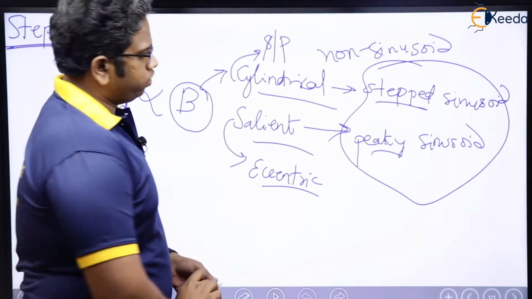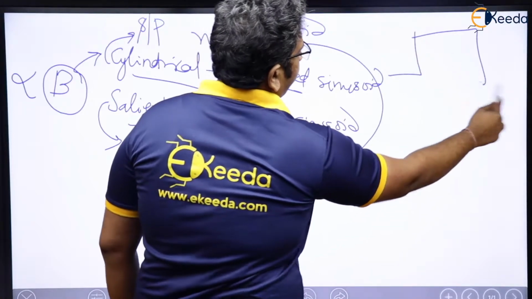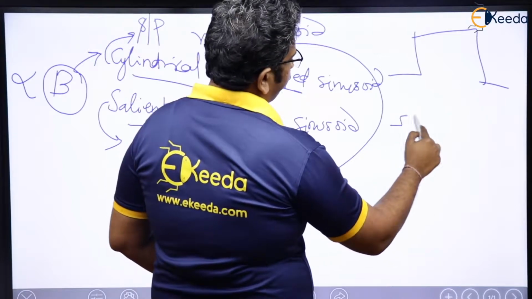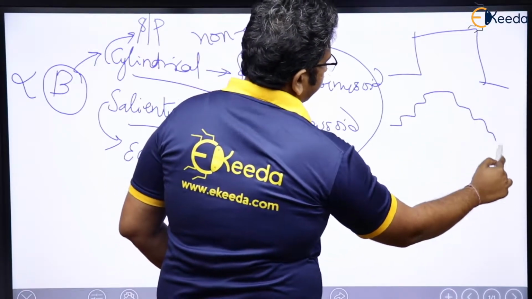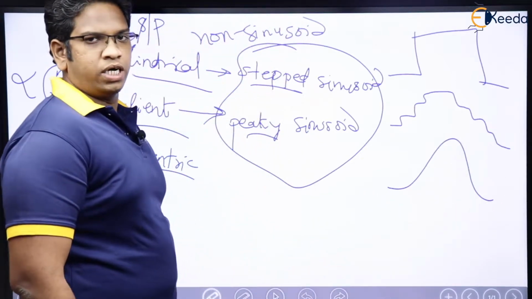Already we have seen that, because rather than having this flat topped flux distribution in space, it is better to have a stepped wave and better to have a peaky sinusoid. That is what we have understood.